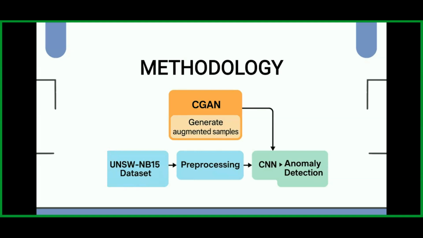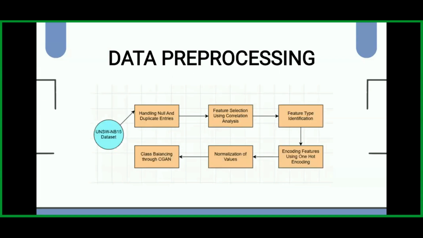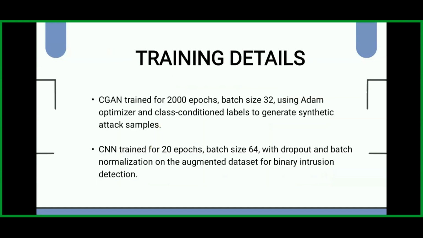The other input was the augmented samples, and the CNN works as a model to detect attack patterns and detect attacks, which significantly improves accuracy to 99.45%. That was the data pre-processing, which is mostly common for every dataset.